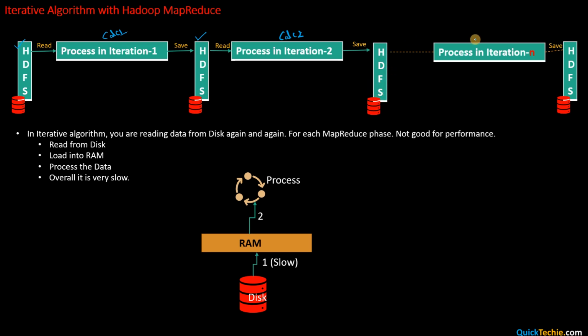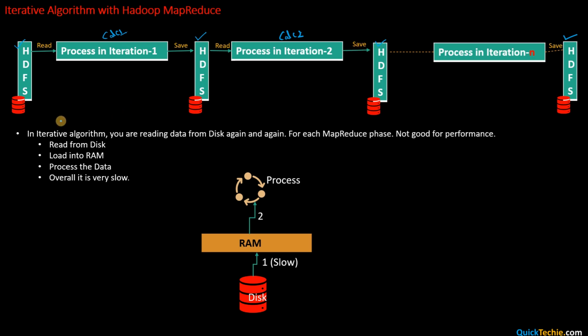Similarly, n number of iterations. So what you are doing here is reading your data from the disk n times and performing this calculation. Even if your data remains the same, you would always be storing this data to the disk, and then the final result would be saved. So this is basically your iterative algorithm: you are performing a different calculation again and again on the same data set.